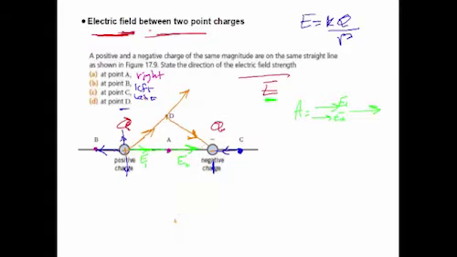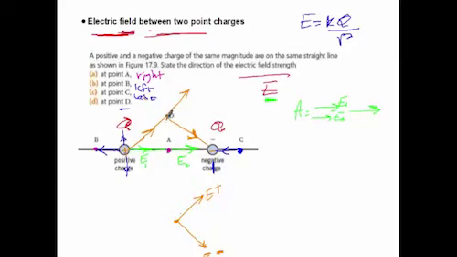So we are at point D here. There is an E due to the positive charge, and another E here due to the negative charge. I think it's very clear that we have a right angle between them, because the distances are the same here.